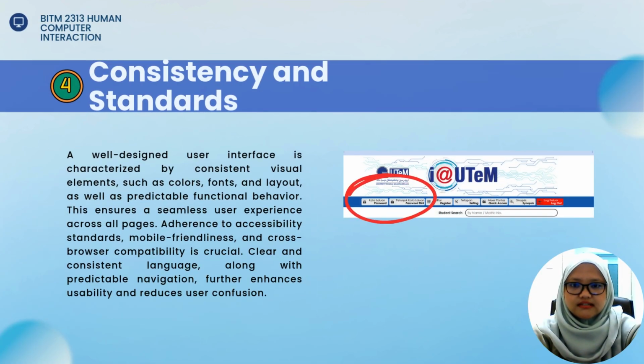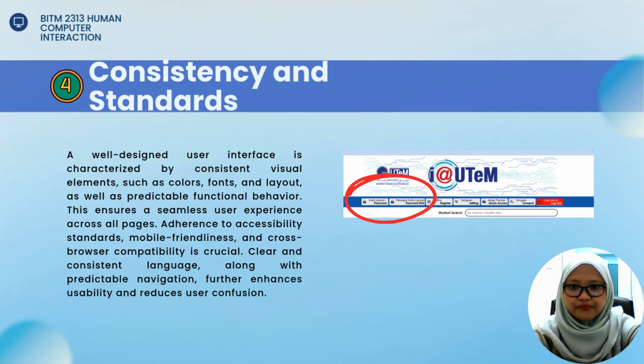For consistency and standards, SMP uses a very simple layout, color and font, which is white and blue, and a practical font to make sure the website is readable. The layout is not messy, it's quite nice and simple.